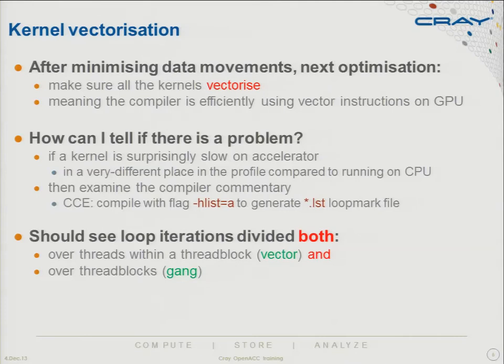It's a signal that something's gone wrong. So when a kernel is slower than you might expect, there may be a reason for it, but it could be that there's just a simple vectorization problem. Look at the compiler commentary. You should see 2 little g's down the side. If you don't see 2 little g's, it hasn't divided work across threads within a thread block and between thread blocks.